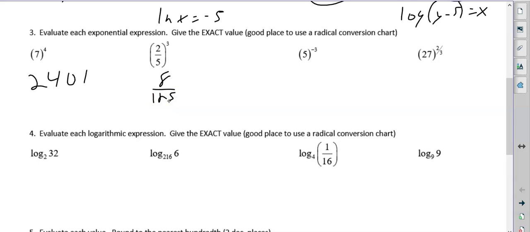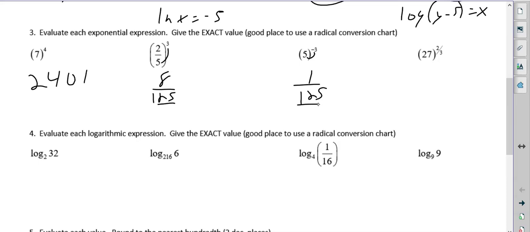Okay, on the next one, remember, this is just 5 to the 3, like we just did. But remember, if it's a negative, that just puts it on the bottom. That's all. Notice how 5 cubed and 5 cubed, both 125, okay? But if it's a negative exponent, that puts it down in the denominator.